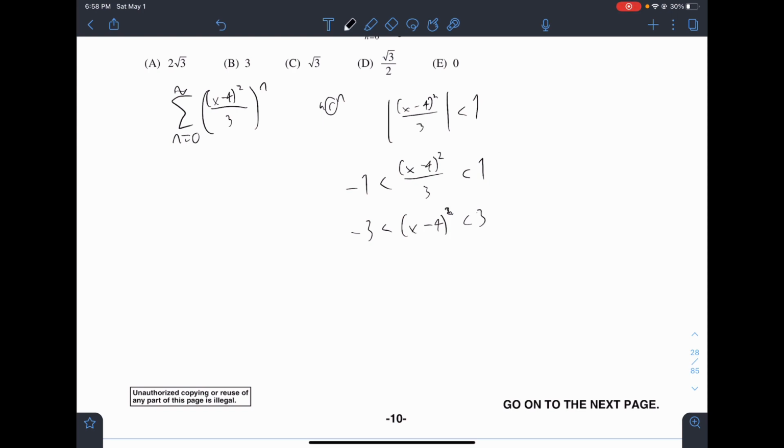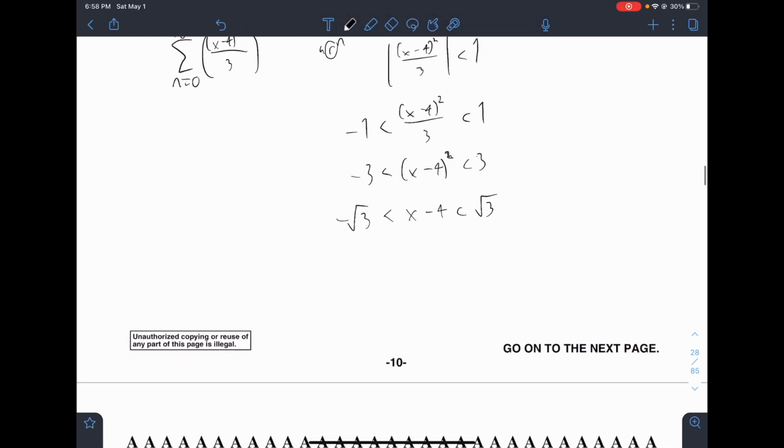And so negative square root of 3 is less than x minus 4 is less than the square root of 3. We can take the square root of both sides. And this would be complex, but it can't be complex in a series. And we don't have to add 4 to everything, because that would not change the interval of convergence, like the actual amount of x values for which the series will converge.